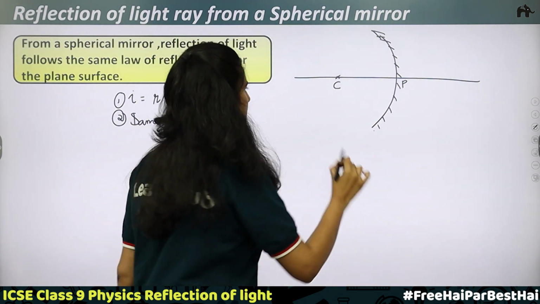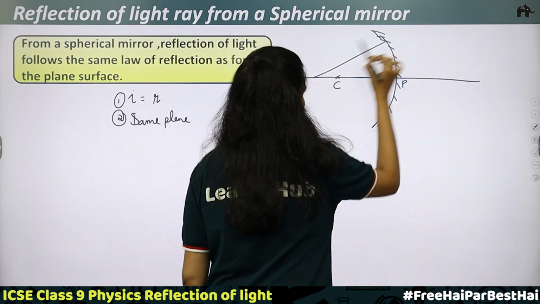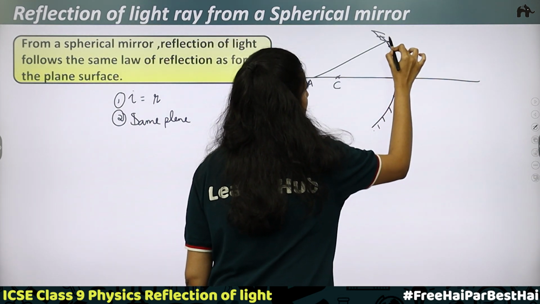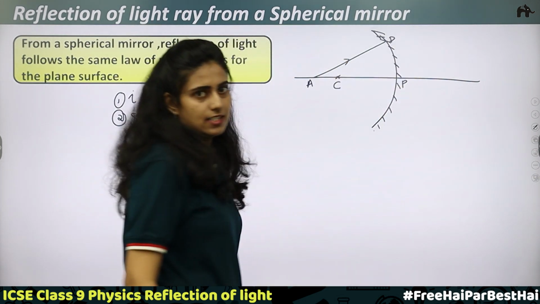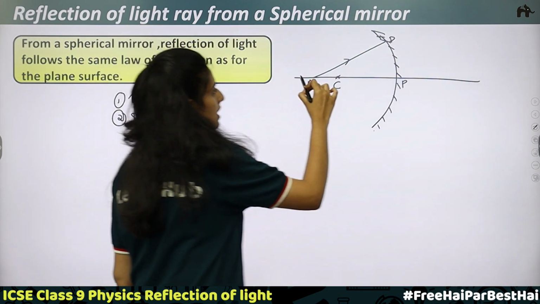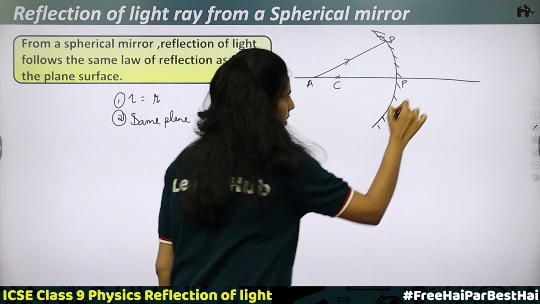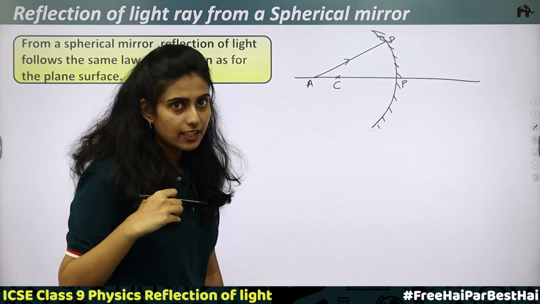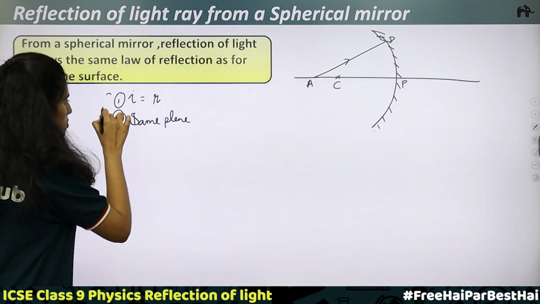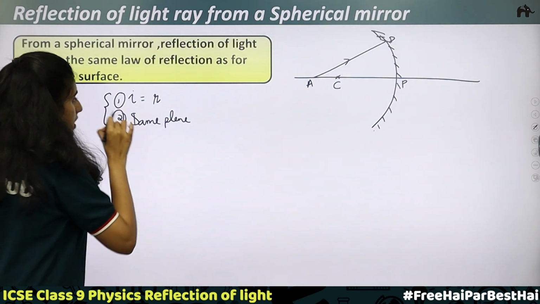Now consider a light ray. AD is my incident ray. Once the incident ray strikes the concave mirror, it should get reflected, and the laws of reflection should be obeyed.